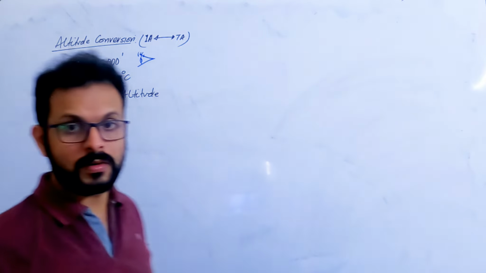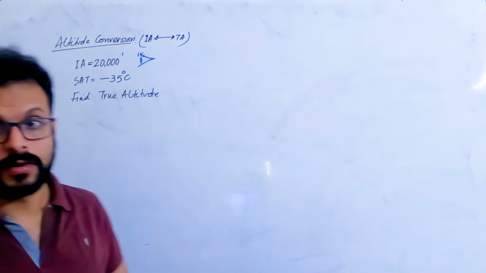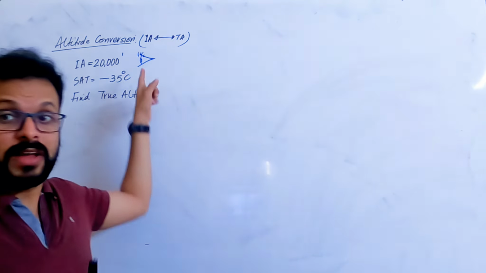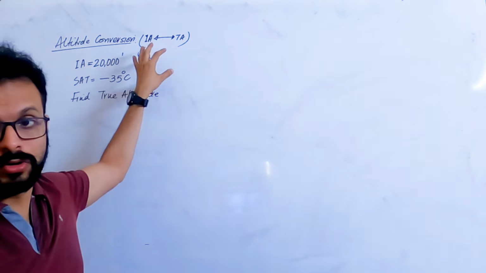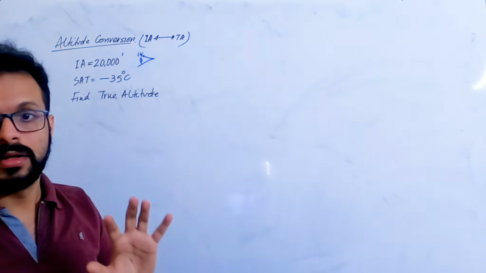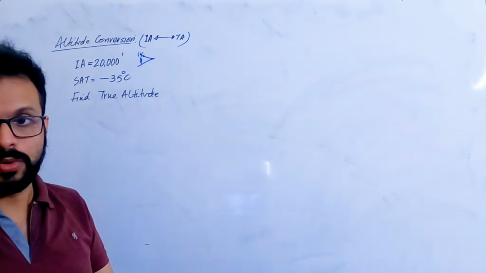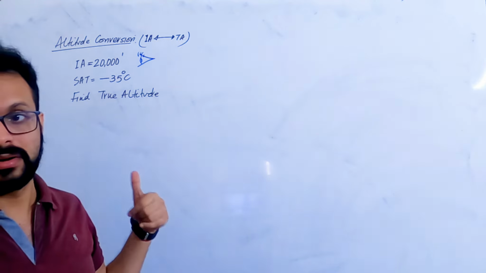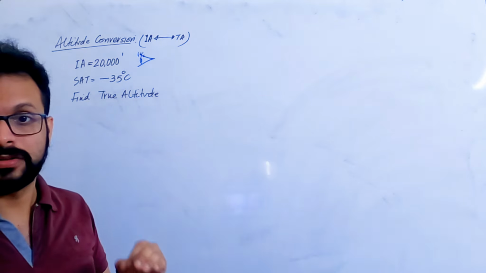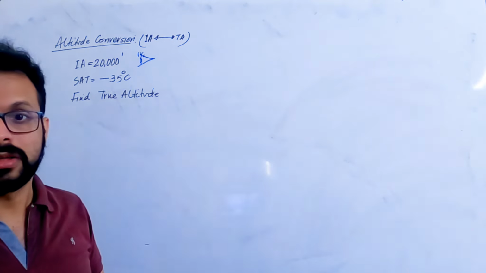Whatever I'm seeing in the cockpit, on the altimeter, that shows the 20. That's right. It need not be your flight level. It will be your flight level or pressure altitude if the setting is 1013.2 hectopascal. But ultimately, whatever you see in the cockpit instrument is the indicated value. Therefore, the altimeter is indicating altitude, which is 20,000 feet. This is based on the pressure setting in the altimeter, right?